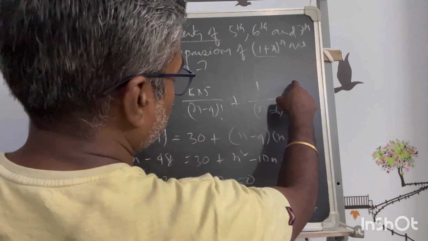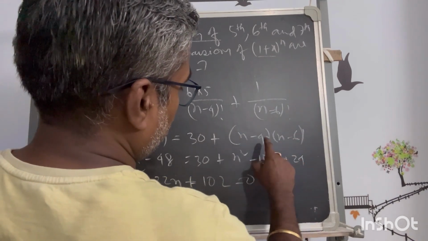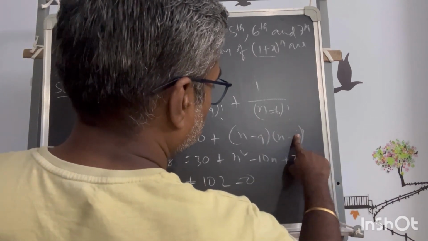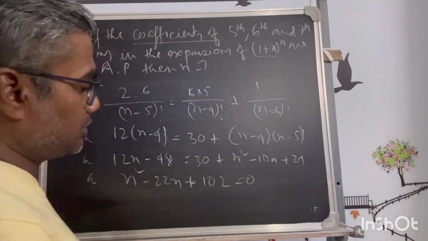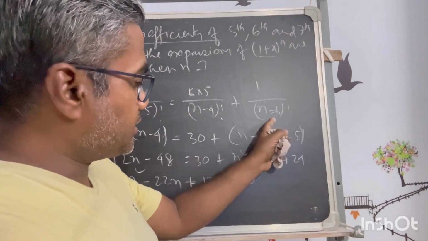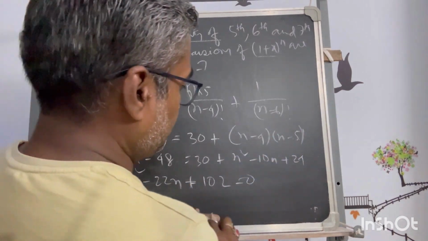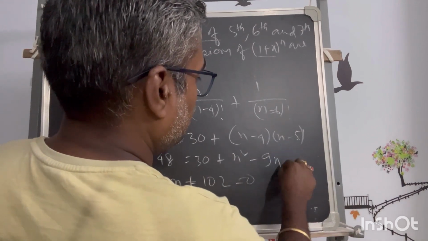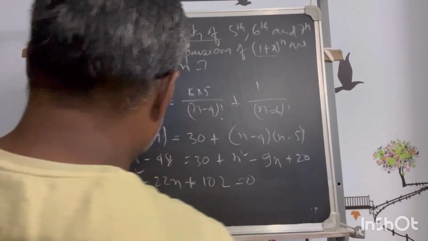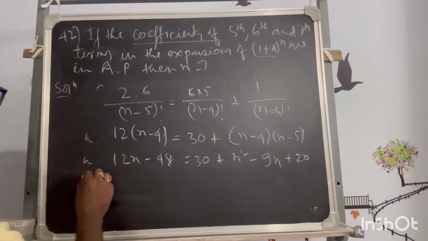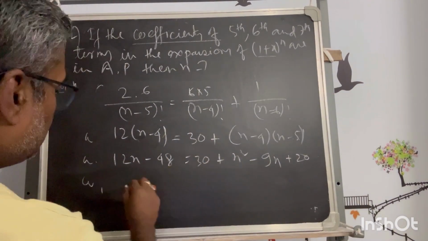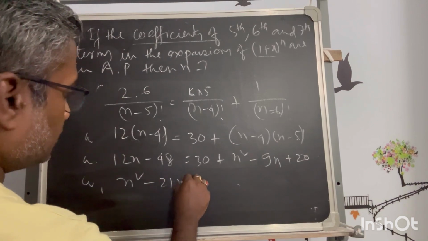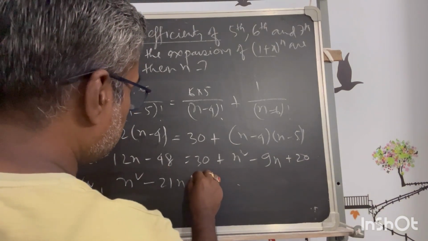I am doing n minus 4, so n minus 4, n minus, oh sorry, n minus 5, the next will be n minus 5, not n minus 6, because n minus 6 will be cancelled. Oh, here I made a mistake. So 4 plus 5 will be 9, 9n, and this will be 20. Sorry, I made a mistake. It took a bit of time. Okay, anyhow, so n square, and then this will be 21n, and the next will be how much?